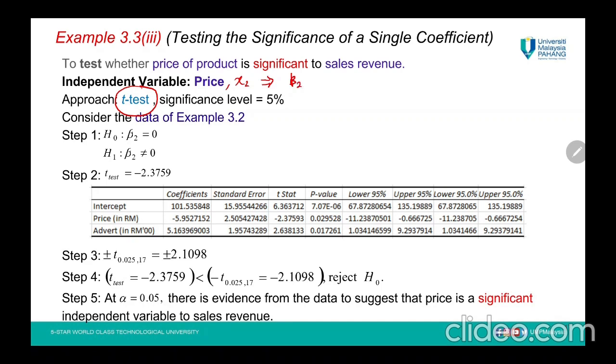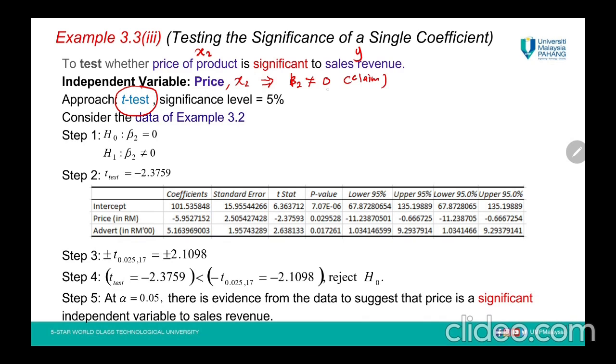If we want to say that x2 is significant to y, the statement that we need to construct is that beta 2 should be not equals to 0. So this is the claim now.